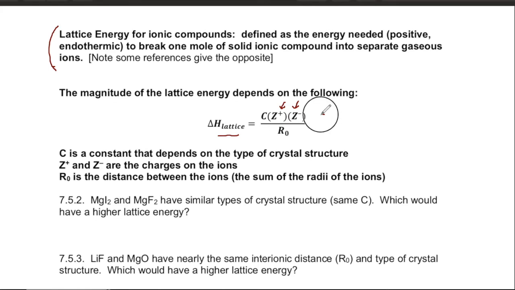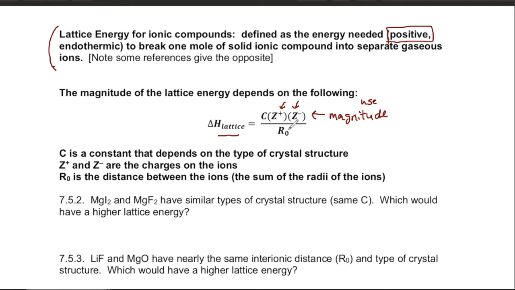When you do these charges though, make sure you just use the magnitude, because if you use a positive number and a negative number, the lattice energy is going to come out negative, and it's not negative, it's a positive value. You have to put in energy to vaporize an ionic compound. So make sure that you use the magnitude and not the actual negative sign for the negative charge.